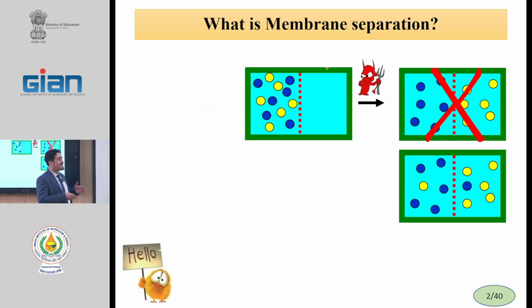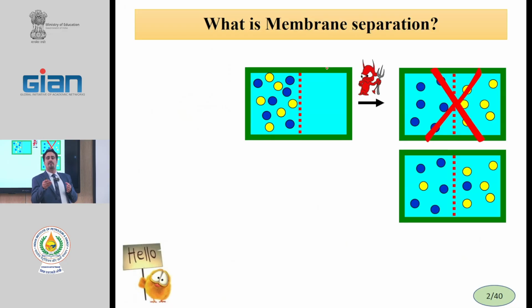We have a restricted separation because the pore size of membranes usually is not uniform. When we say these membranes have, for example, a 20 nanometer pore size, this reported data is average data.